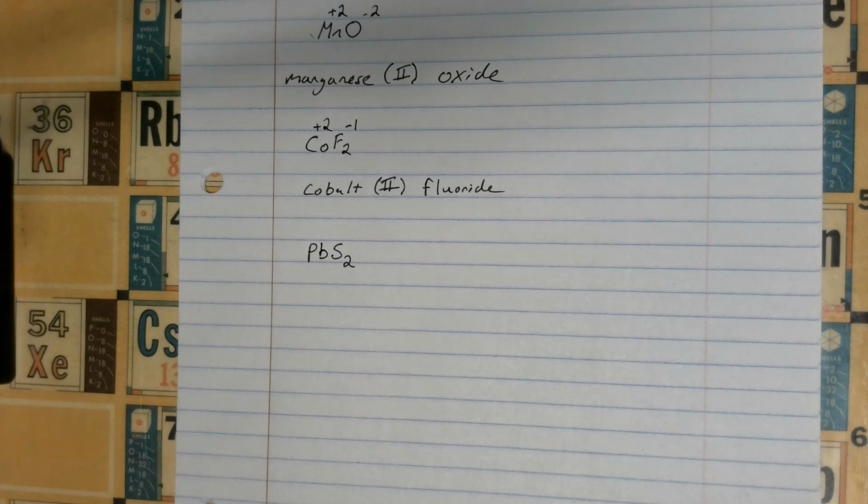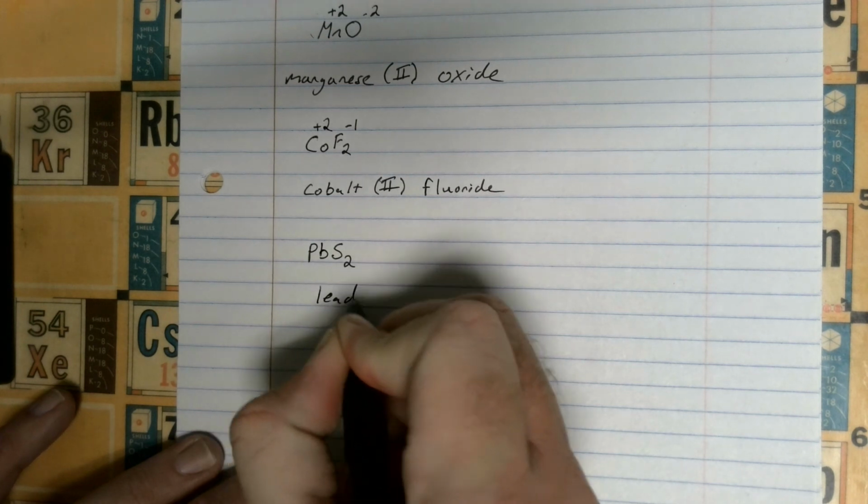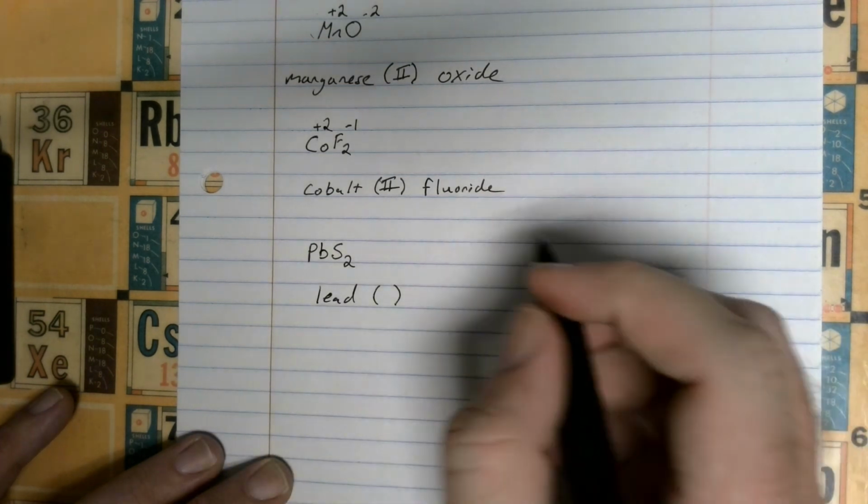So those do need Roman numerals. So Pb is lead. It does need Roman numerals.